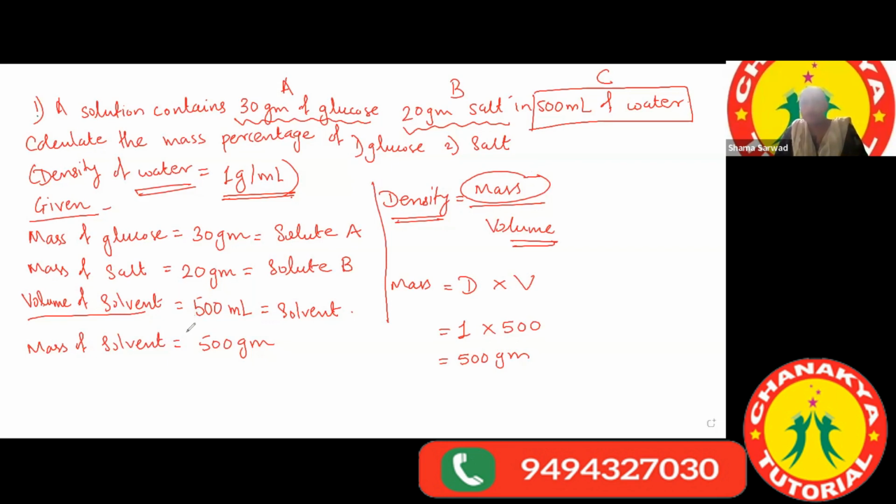Your solvent is water because the quantity of water is 500 ml. So this would be the solvent, right? 30 gram of glucose and 20 gram of salt is dissolved into 500 ml of water, and hence 30 gram of glucose becomes your solute A and 20 gram of salt becomes your solute B, correct? And it has been added into the solution.